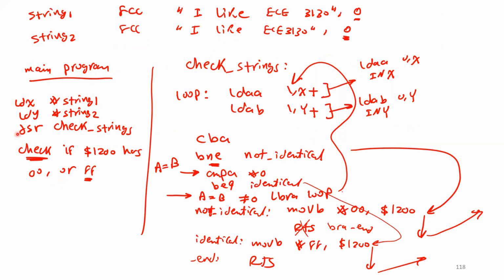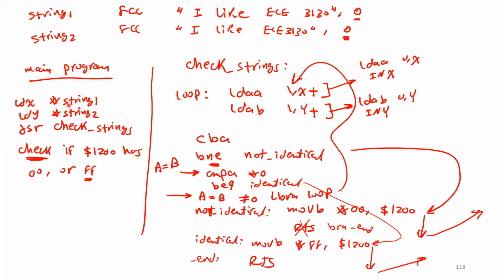Look here, guys. All I have to do is jump to the subroutine. I just use its name, check underscore strings. However, before you call this subroutine, it is expecting two values in X and Y. It expects the beginning address of this string and this string. So that's what I did.